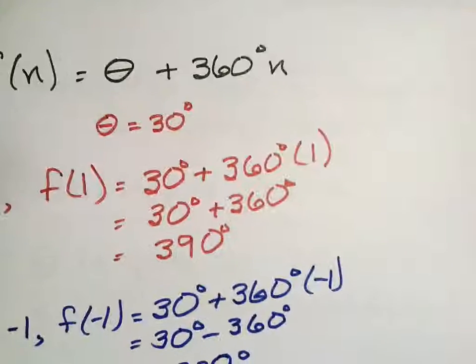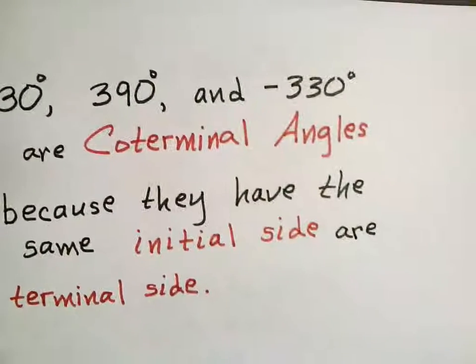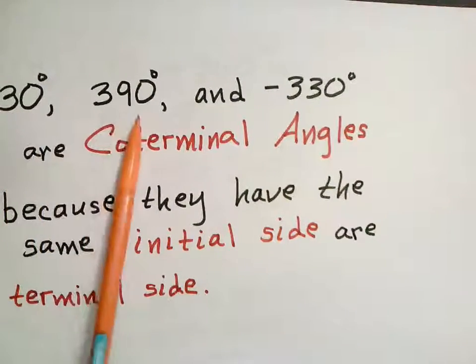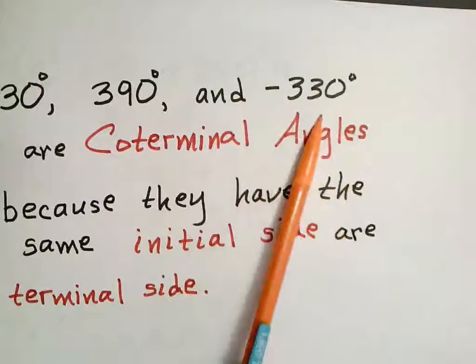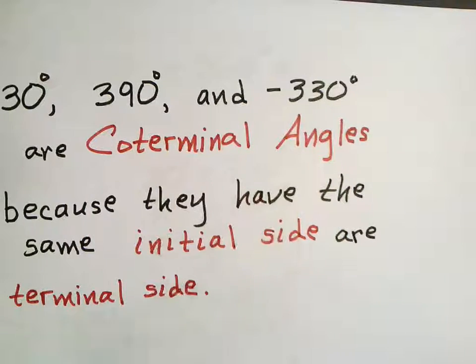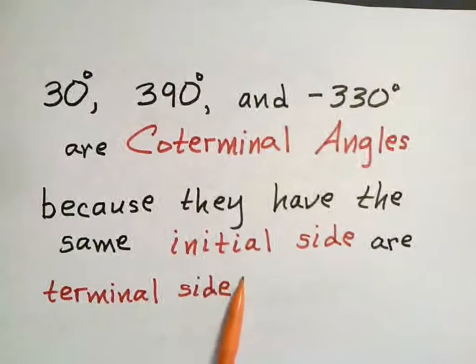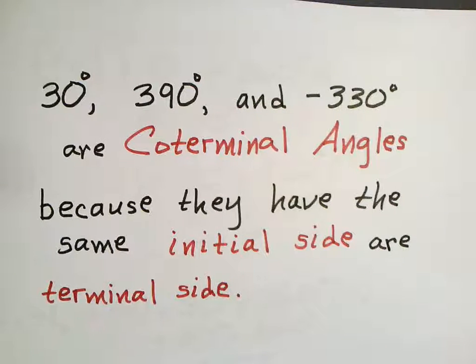So we've used the formula to find coterminal angles. So that says that 30 degrees, 390 degrees, and a negative 330 degrees are coterminal angles because they have the same initial side, which is the positive x-axis, and the same terminal side. Remember that when the initial side is a positive x-axis, the angles are in standard position.